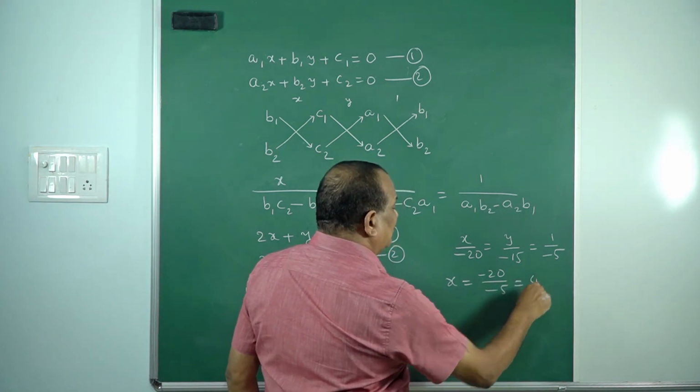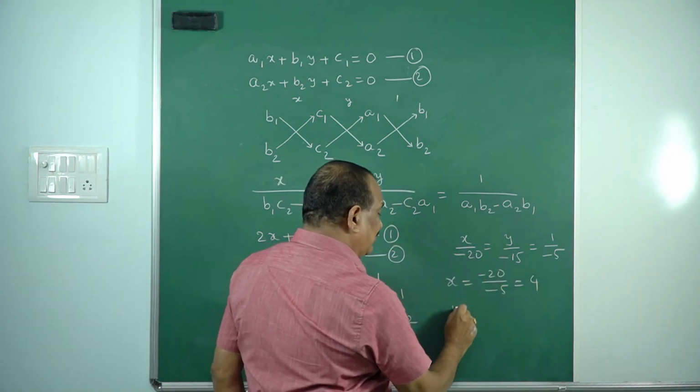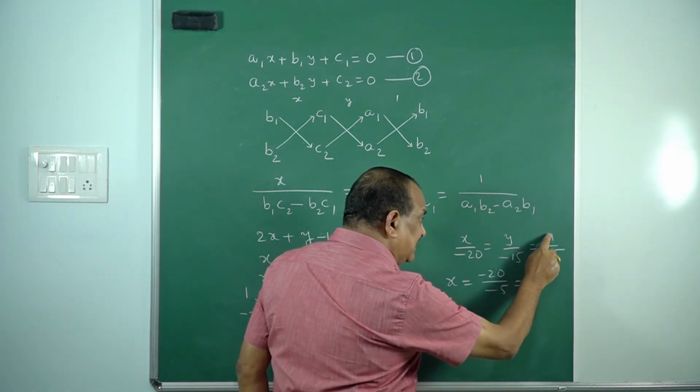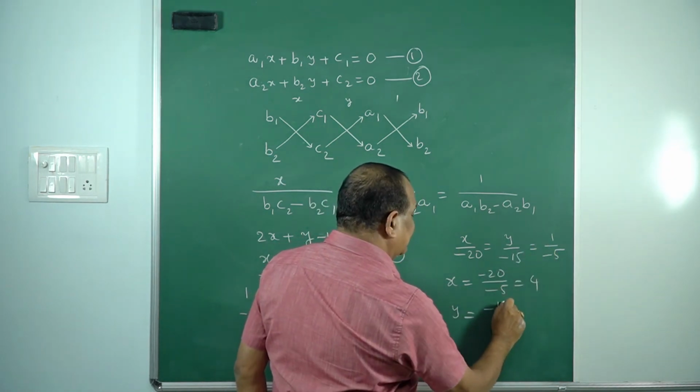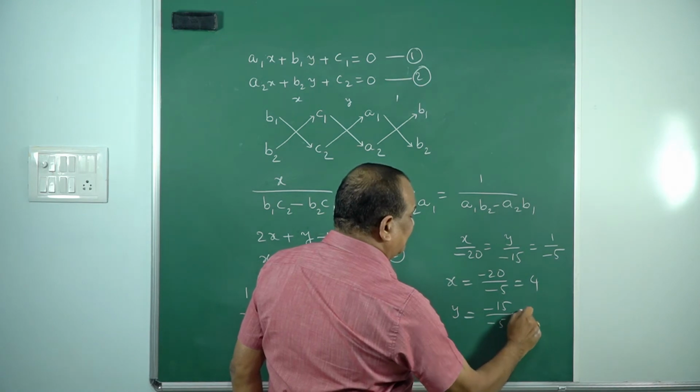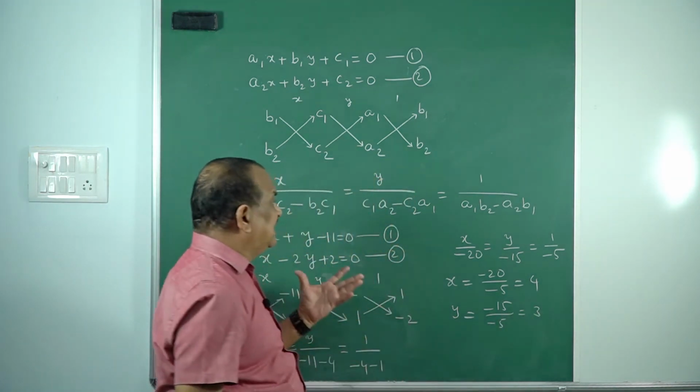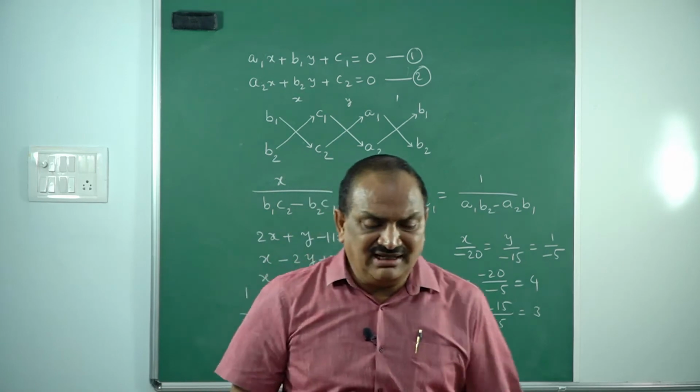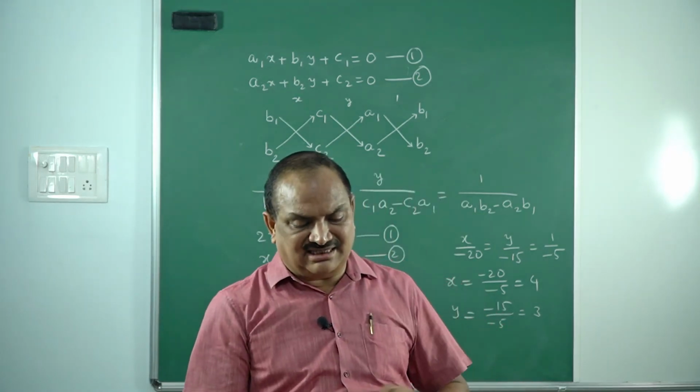Your answer is 4. Come on, y value, minus 15 times 1 by minus 5, minus 15 by minus 5, that's 3. So you can get the values of x and y by the cross multiplication method, okay.